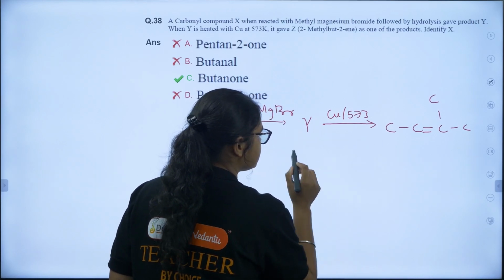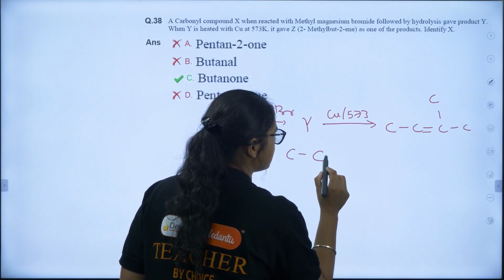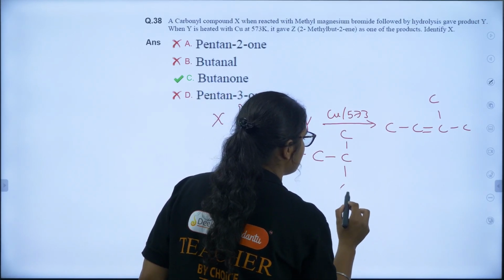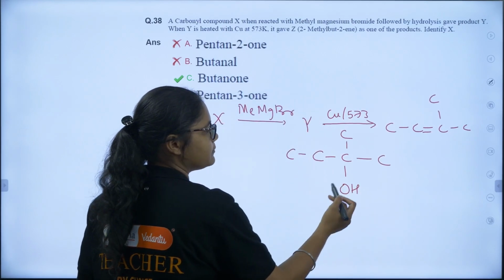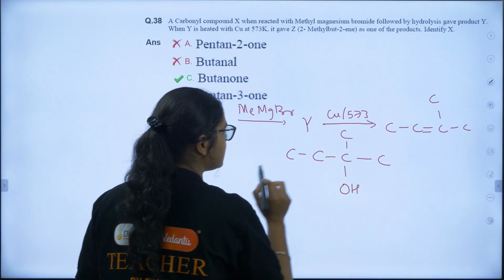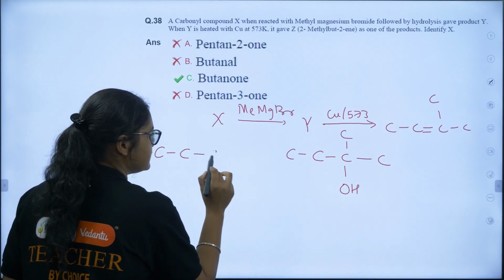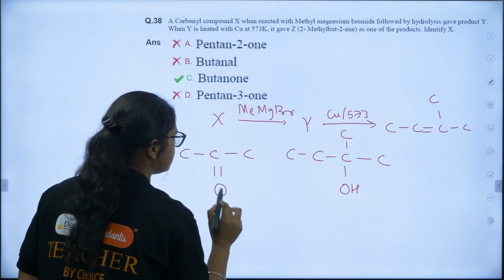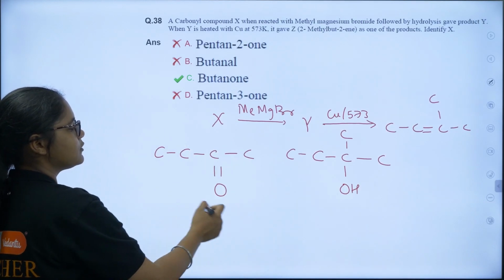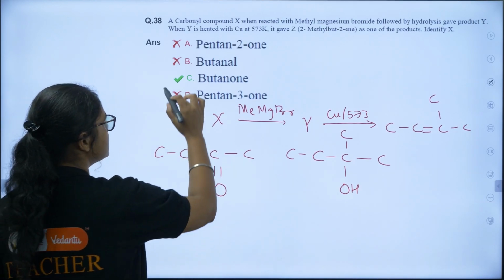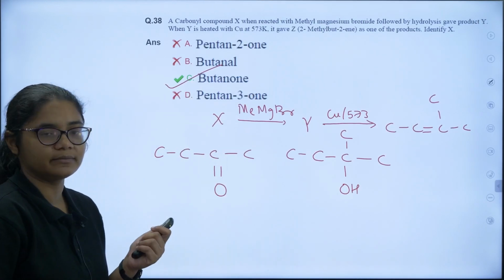So now we can expect that this one must be this structure. Then, to get a more stable product, we have done this. So if this is the X, then this has to be the Y, right? Then only this one will attack and we'll get this one. So this is your butan-2-one or butanone. So the correct answer for this question is option number C.